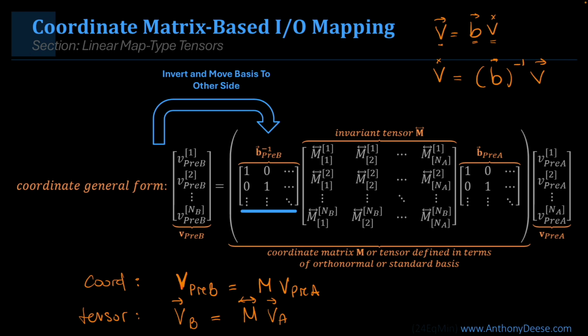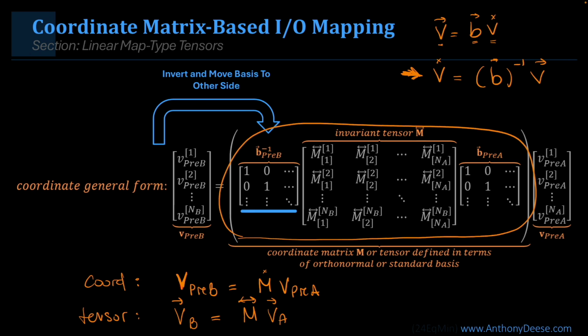So this relationship right here is analogous to calculating our M no arrow hat. And we show how that is done inside of these parentheses. So M no arrow hat is equal to B pre-B inverted times the original tensor times V pre-A arrow hat.